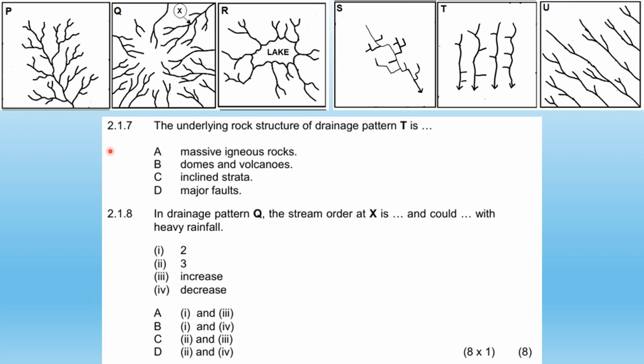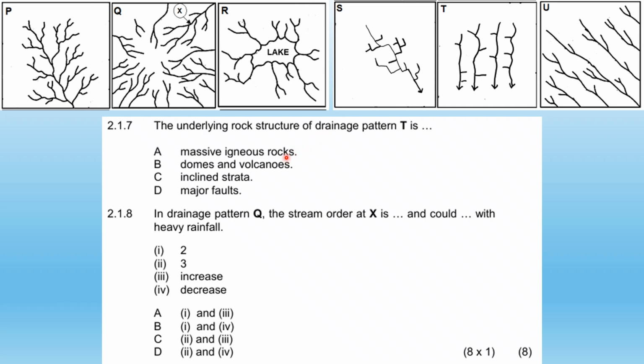2.1.7 wasn't the easiest answer to get to. It says that the underlying rock structure of drainage pattern T, which is the trellis pattern, is massive igneous rocks, domes and volcanoes, inclined strata, or major faults. Option D, the major faults, would have produced the rectangular pattern.